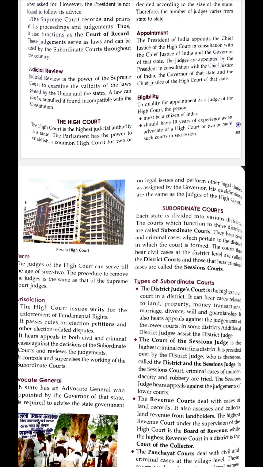Understood? Second, it decides on election petitions and other election related disputes. It also hears appeals in both civil and criminal cases against the decisions of the subordinate courts and reviews the judgment, and it controls and supervises the working of the subordinate courts. Clear?